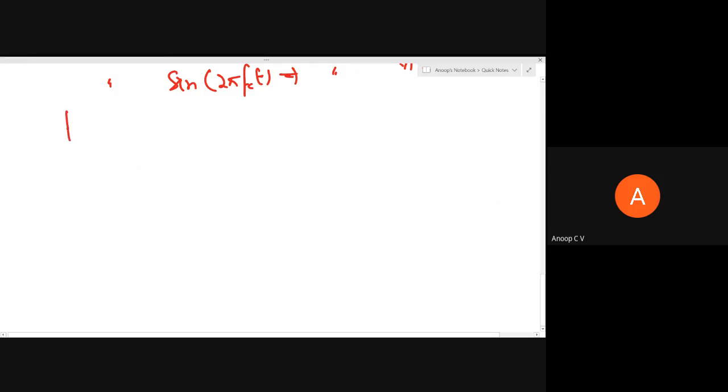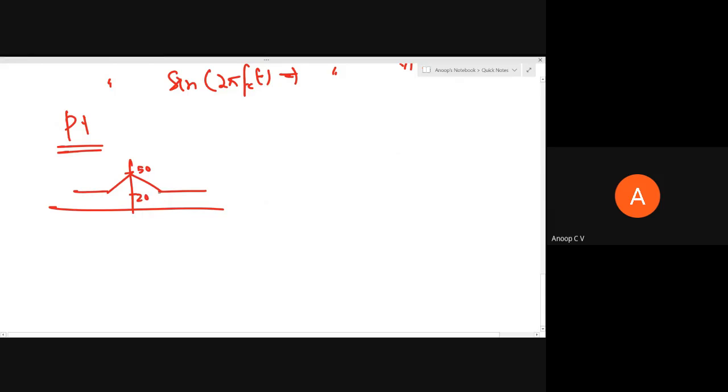So problem one. An autocorrelation function is given like this. This is 50 and this is 10. Sorry, this is say 20.